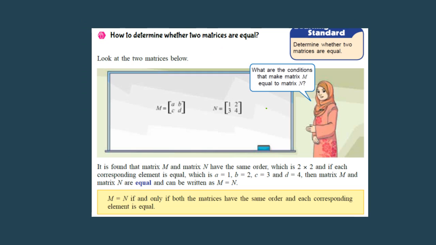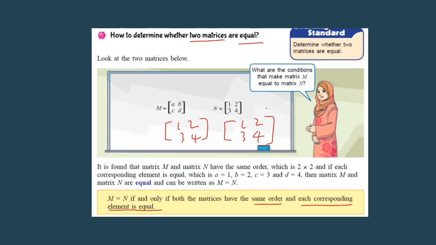Okay, now the final part for today: how to determine whether two matrices are equal. By logic, they will be equal if they have the same order and each corresponding element is equal. Meaning, if this one is 1 2 3 4, the equal matrix is 1 2 3 4.